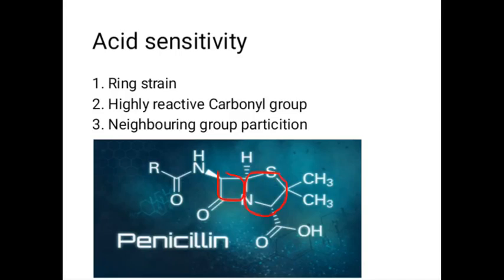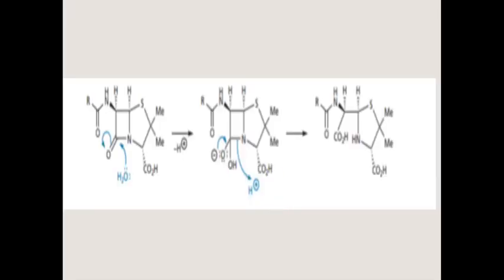As a result, penicillin suffers large angle and torsional strains. So acid catalyzed ring opening relieves these strains by breaking open the more highly strained beta-lactam ring. And exactly here is how it happens. So under acidic environment, water attacks the highly reactive carbonyl.